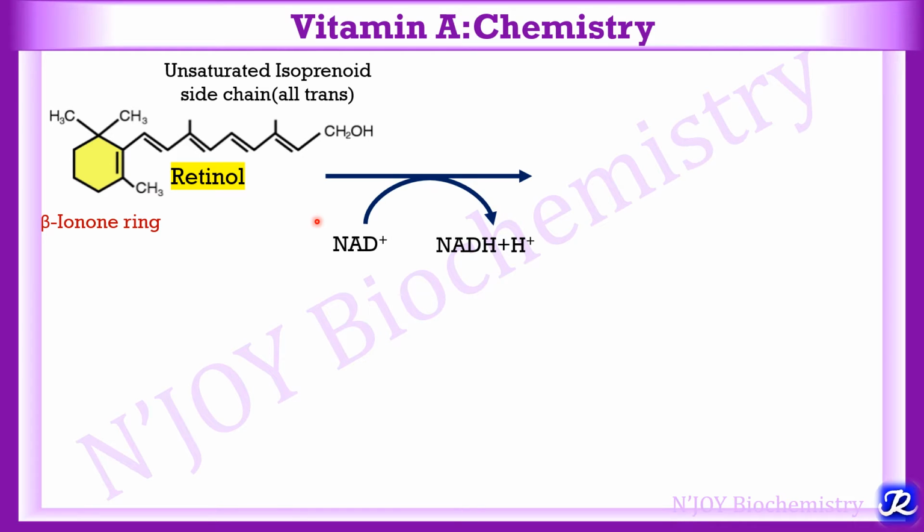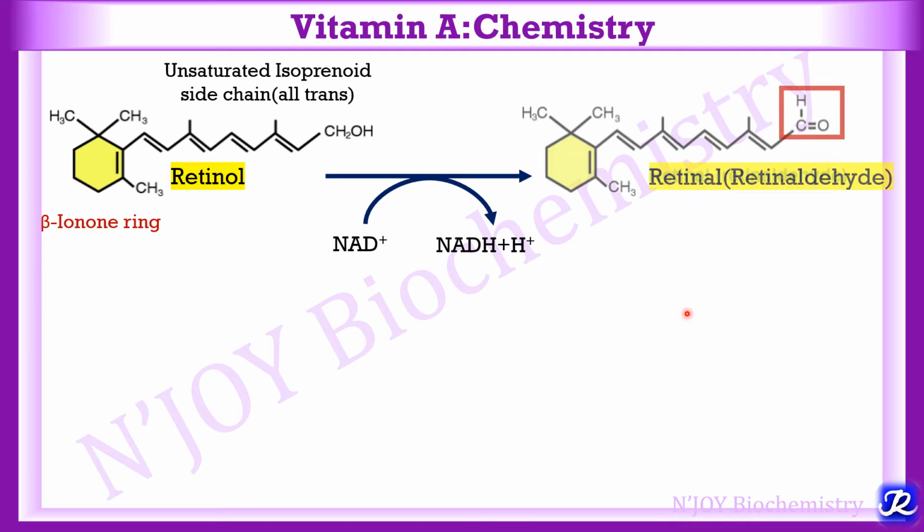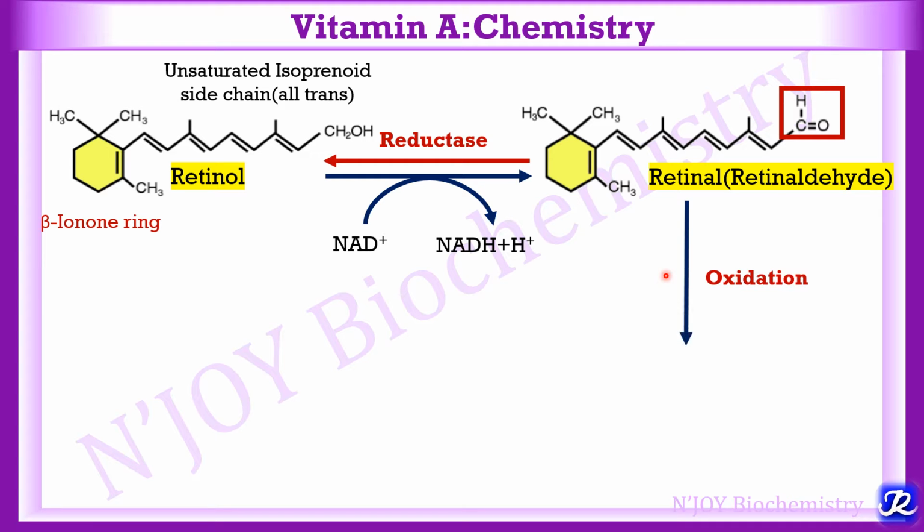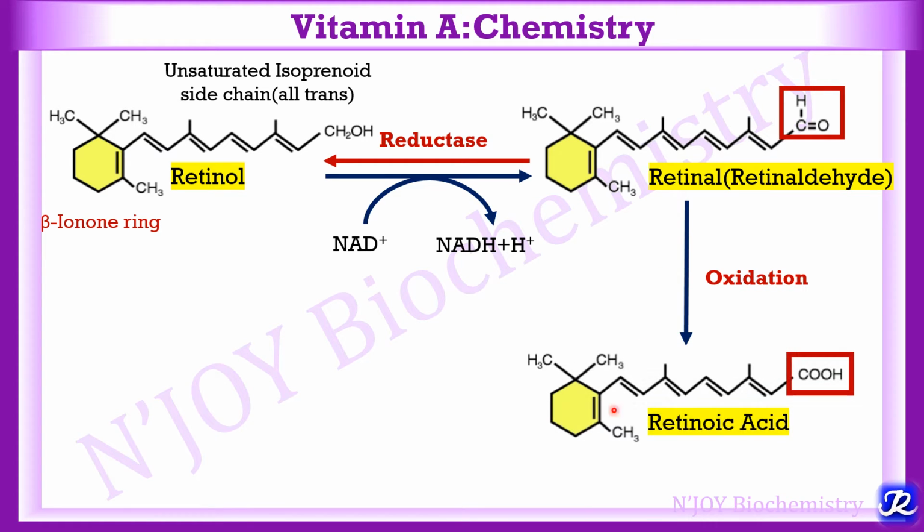On oxidation, retinol becomes retinal, that is the aldehyde form of retinol. It is also called retinaldehyde, and both forms, retinol and retinal, are interconvertible. Retinal can be reduced to retinol. Further, retinal can be oxidized in the body to form retinoic acid.